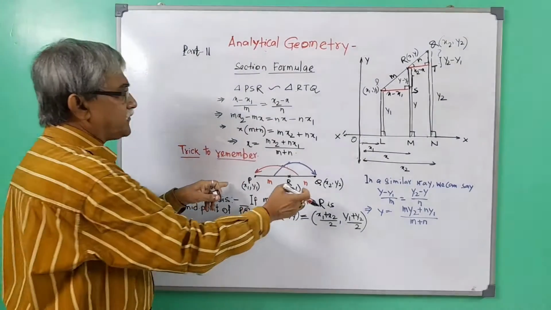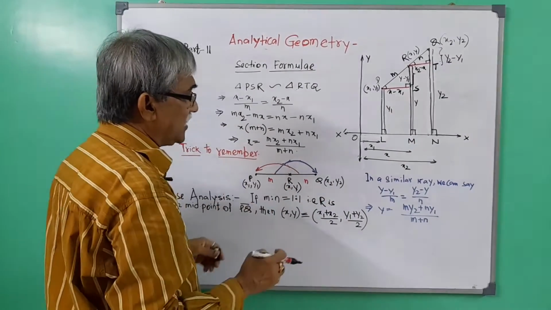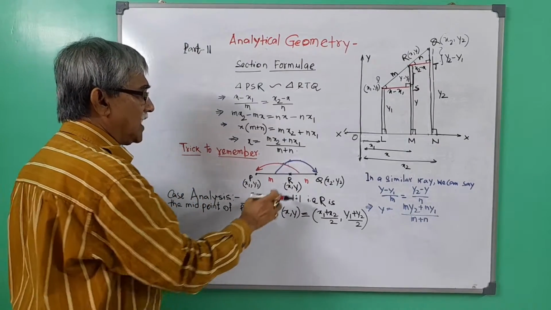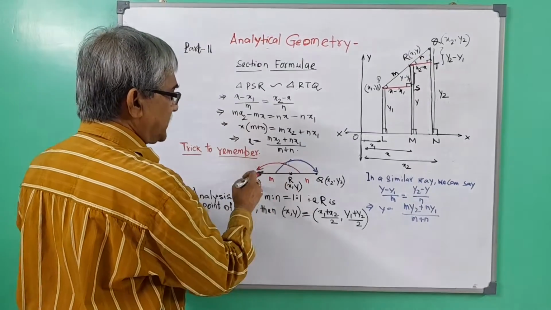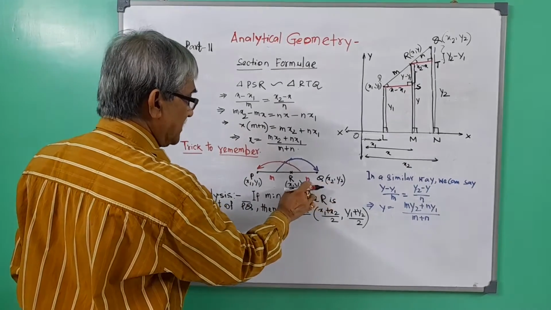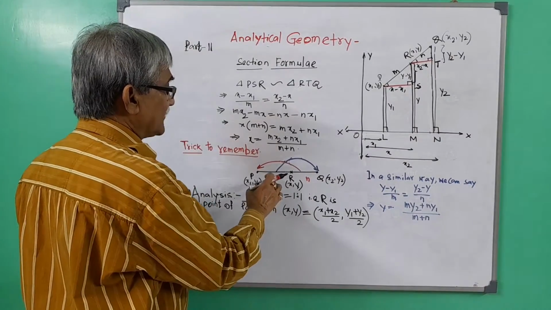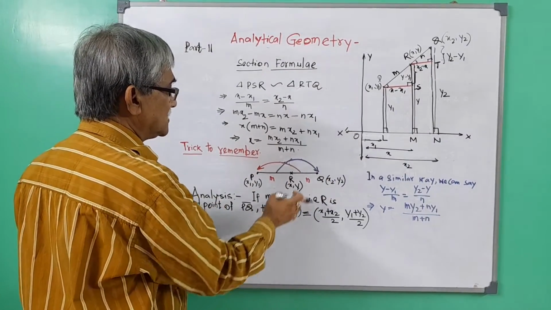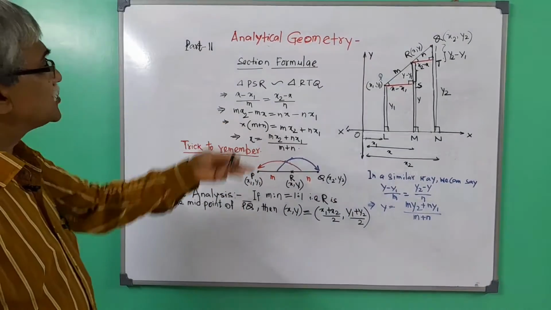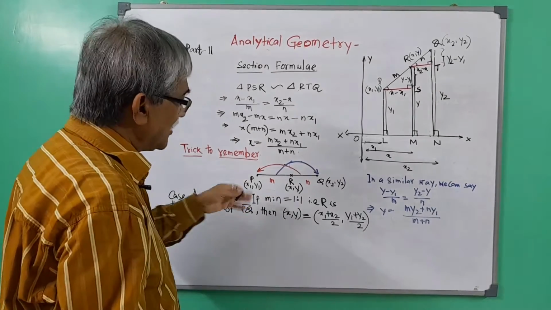First you write down these 2 points P (x1, y1), Q (x2, y2), and R is anywhere in between them, with coordinates x, y. Then x is m into x2 plus n into x1 upon m plus n, and similarly y is my2 plus ny1 upon m plus n. So easy to remember, there's a trick. You can mug up, but better not to mug up.